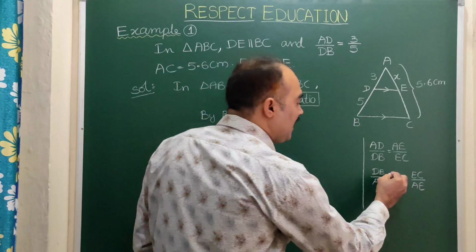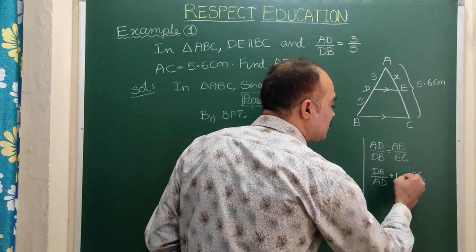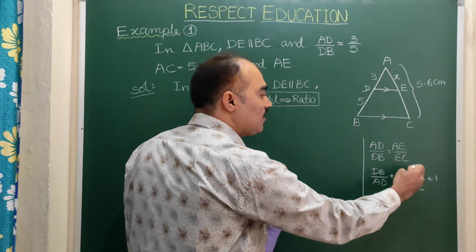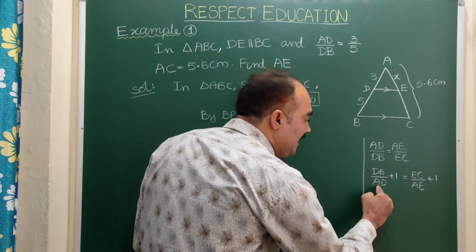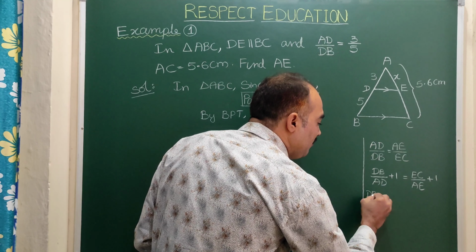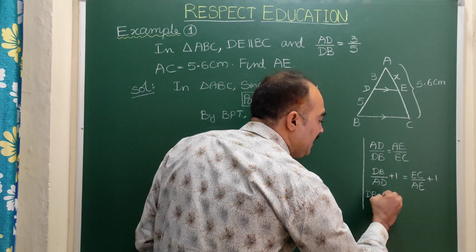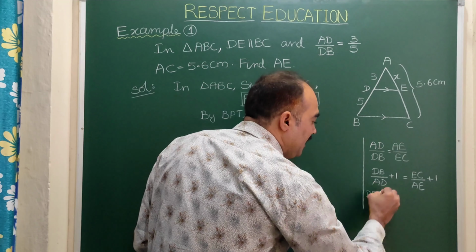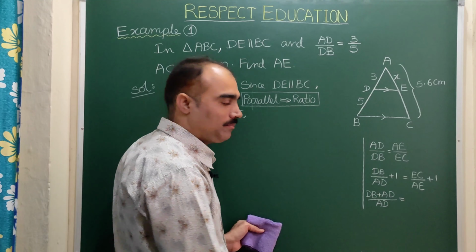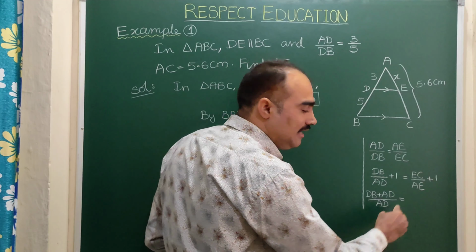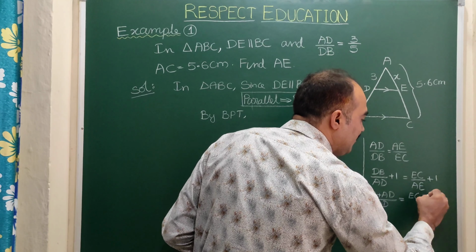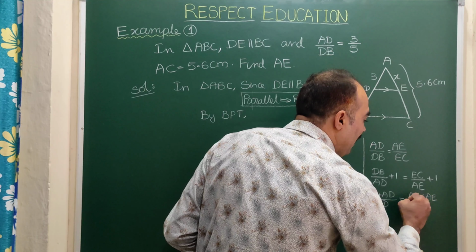Now here let us add 1 both the sides. So add 1 and add 1, both for LHS and RHS. So here AD is the LCM. Then it will be DB plus AD by AD. Same application, let us apply the same process on the right side. Here AE is the LCM, then it becomes EC plus AE by AE.